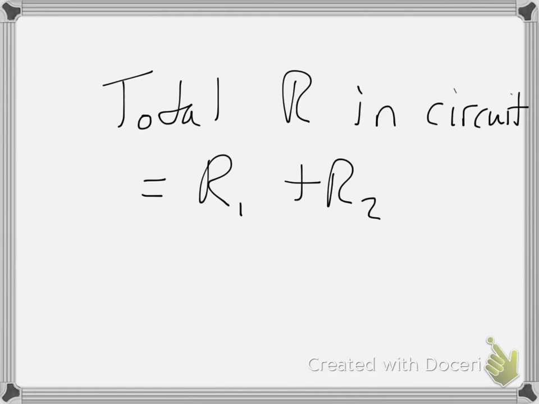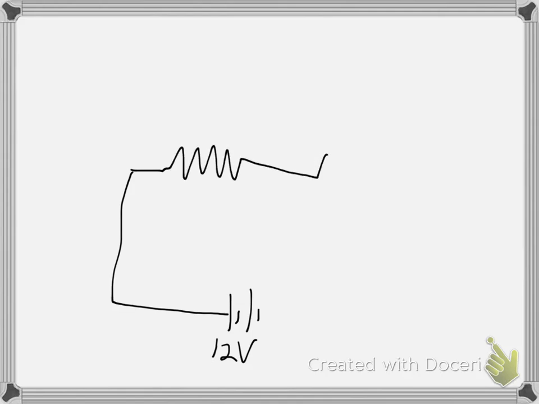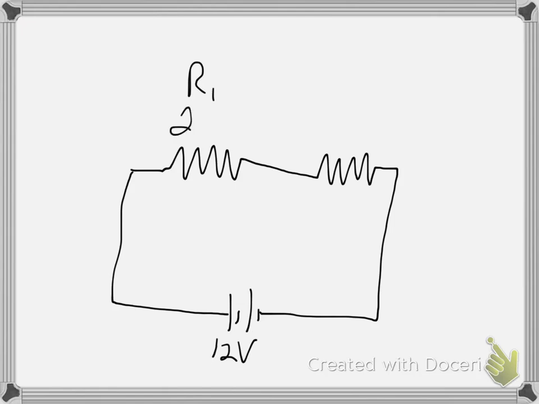So let's just do a quick example here. Let's say I have a voltage source of 12 volts. Then I have a resistor here, and a second resistor here, and I hook it all up. Let's say that both R1 and R2 are 24 ohms.